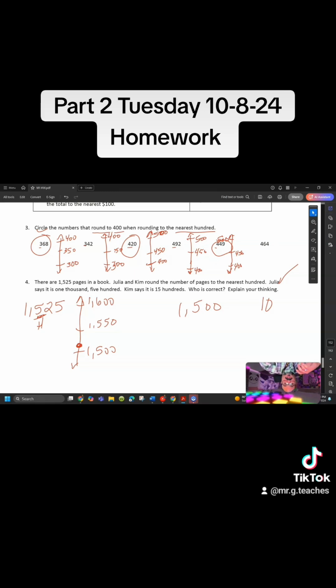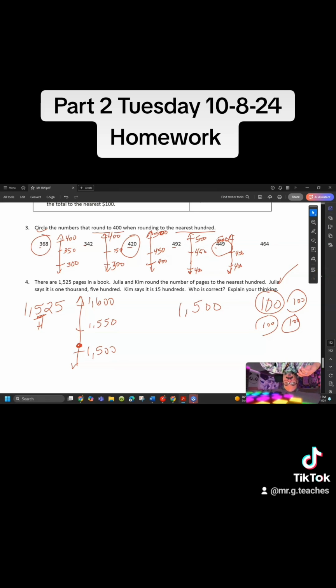So there's two ways you can do this. With 1,500s, you can do the tens 15 times, of course. But you have 100 using our place value disk. You would need 15 of them.